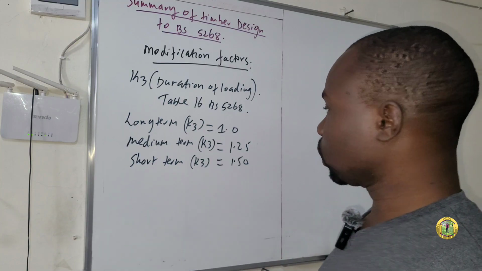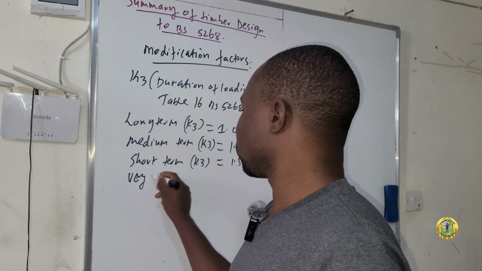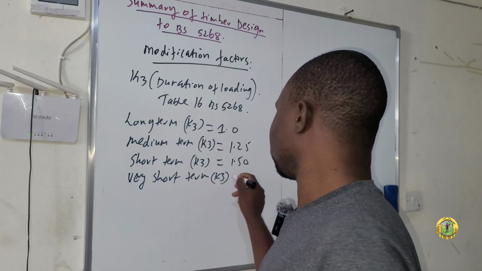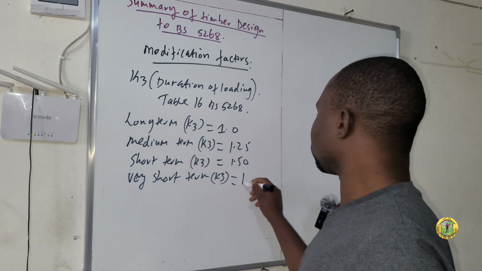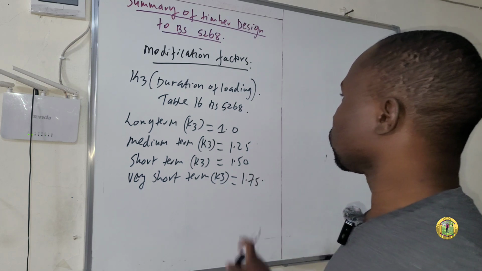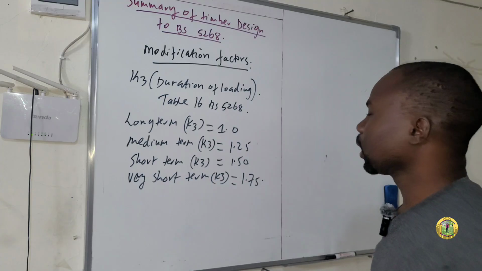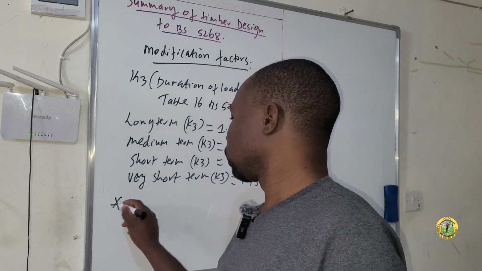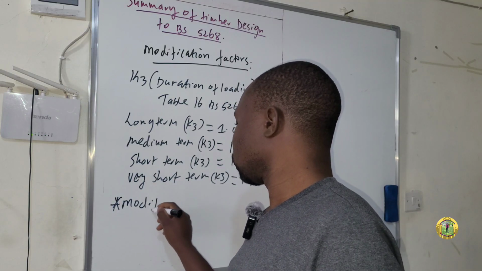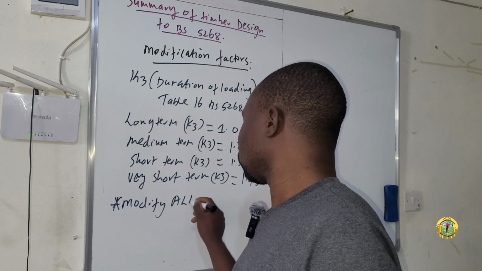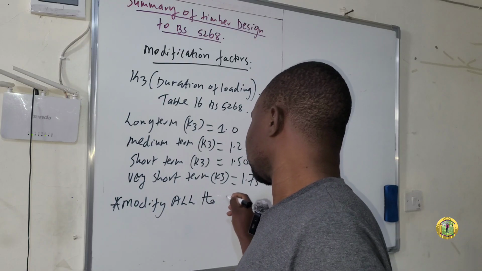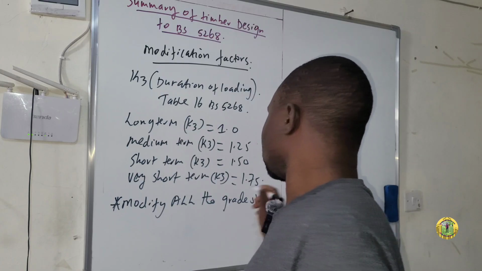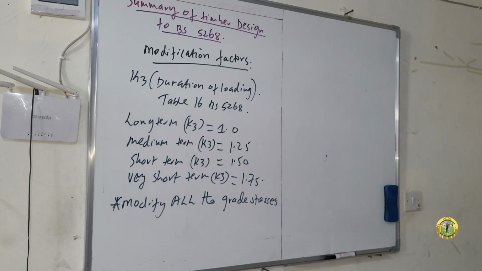Then we have very short term. K3 for very short term is equal to 1.75. So these are the modification factors K3. And K3 modifies all the stresses, or the grade stresses. So we are done with K3.